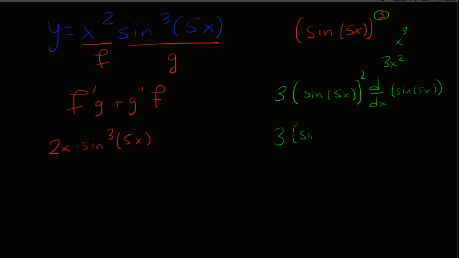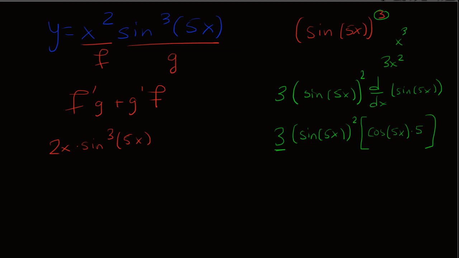So this is where we have to apply the chain rule again. So sine is going to be my outside function. 5x is my inside function. Okay, so the derivative of sine is cosine. Keep the inside the same. Multiply by the derivative of the inside. So we can rewrite this.